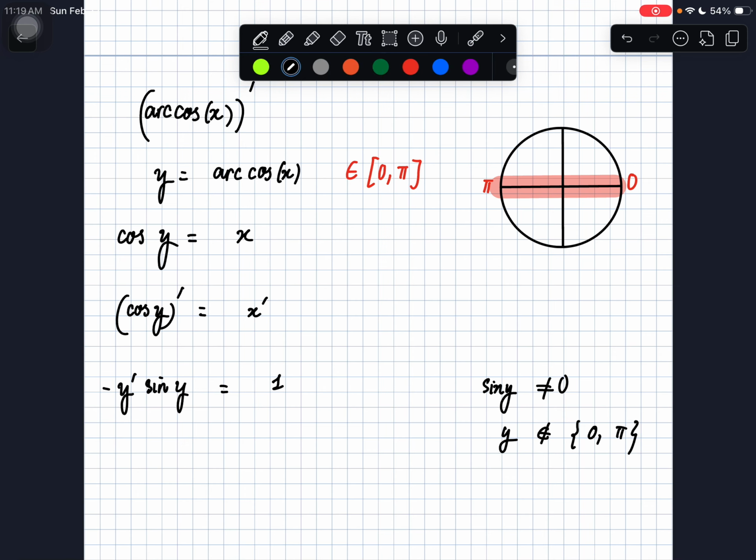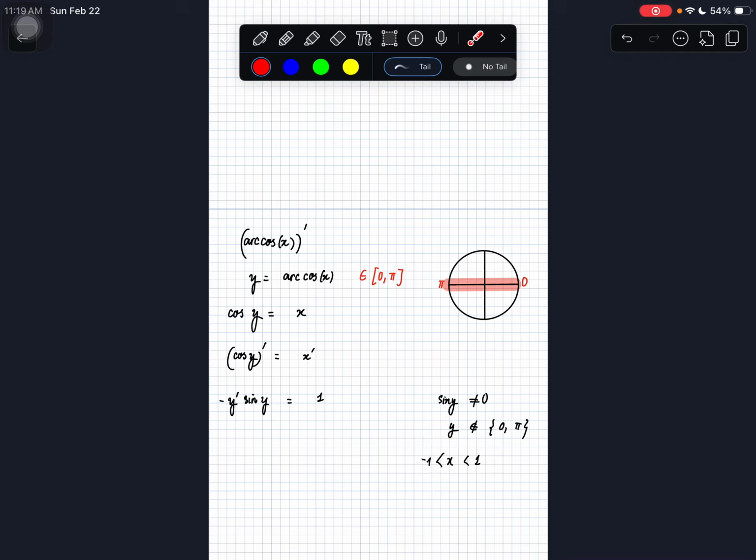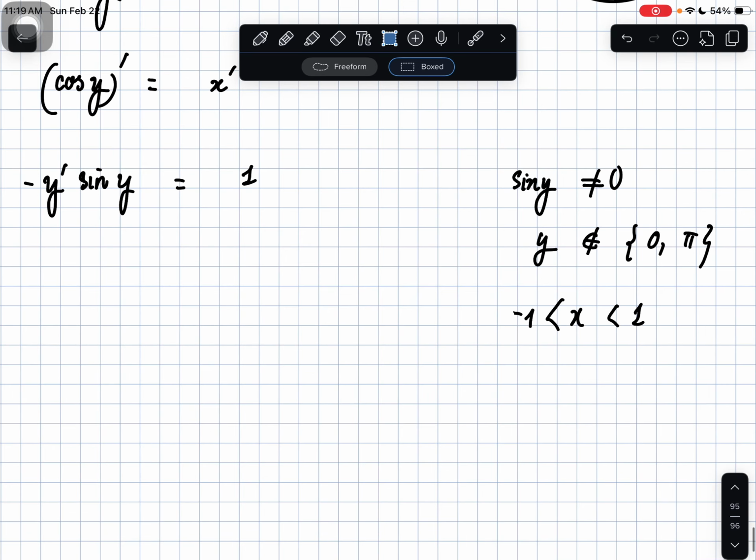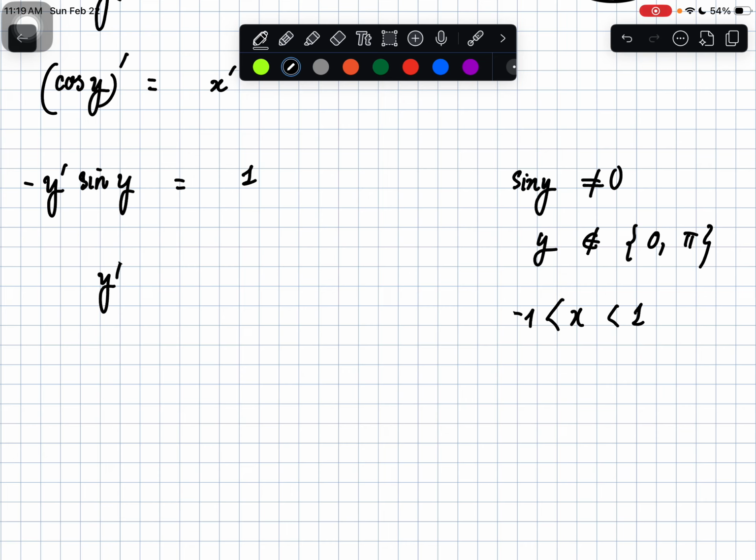We don't count the endpoints of the interval. So just note that when you compute the derivative. Now, because sine of y is non-zero, you can divide both sides by minus sine of y. So y prime equals -1 over sine of y.